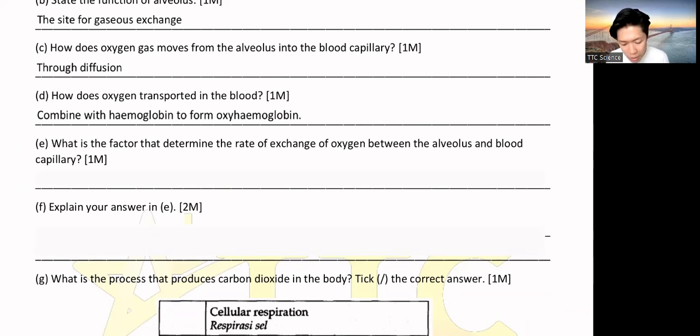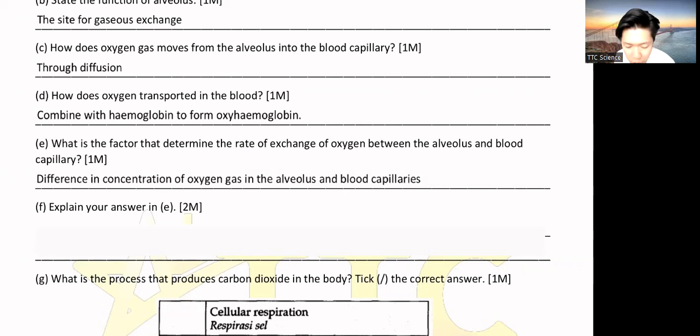So whether I diffuse or how fast I diffuse depends on how much you want, right? Does that ring a word in your head already? Concentration. Very obvious already, right? It depends on concentration.